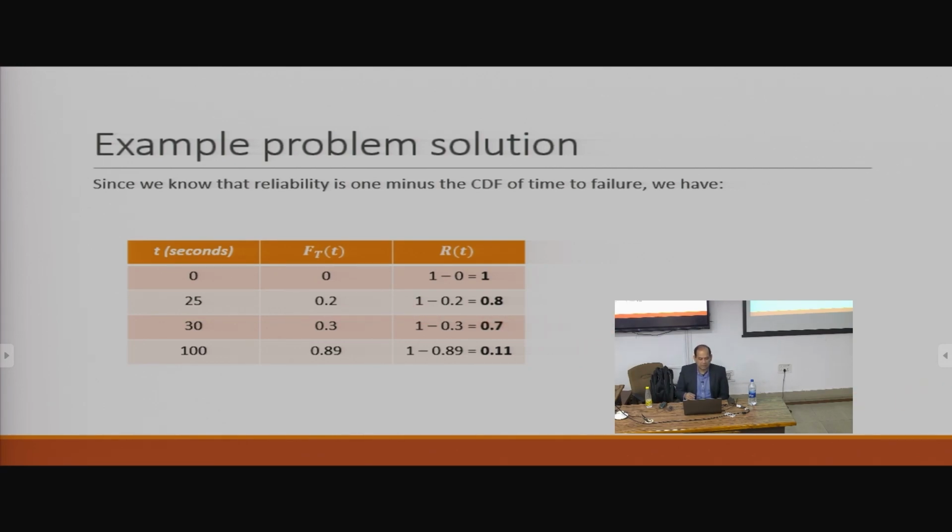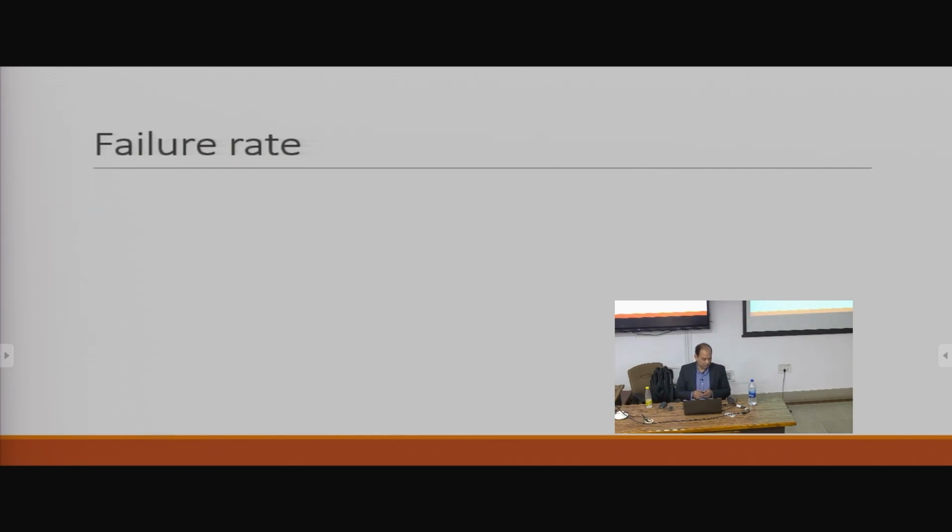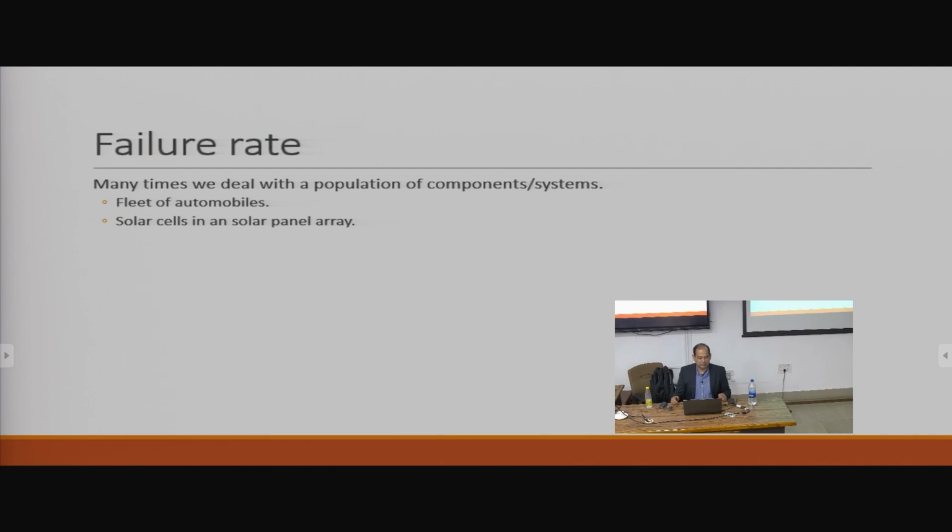Okay, so nothing difficult here. Now we go to a slightly more interesting concept, which is the failure rate of a component. Oftentimes you could just buy one chemical scrubber, or you could buy 1 million chemical scrubbers.